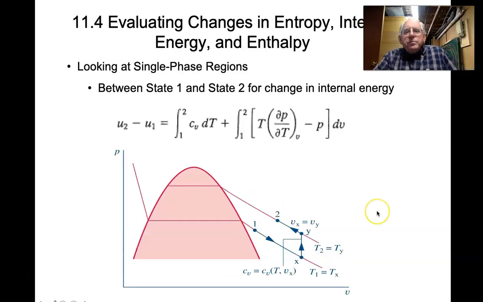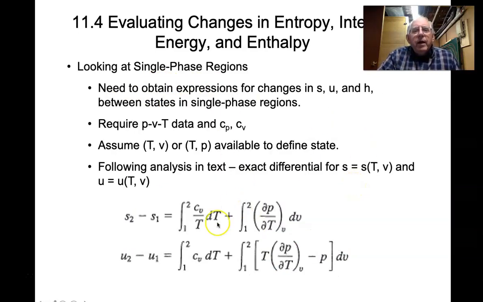And so, for instance, now if we want to go from state 1 to state 2, okay, now I jumped ahead here. There's actually two equations here in this first slide.